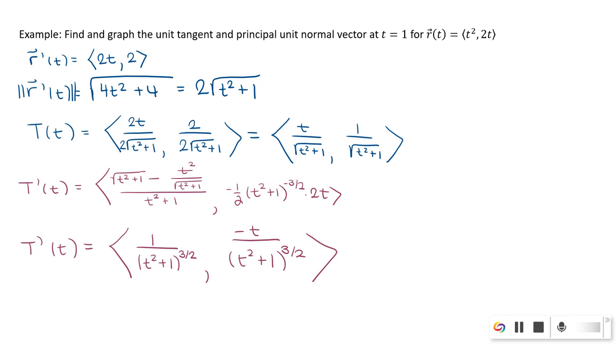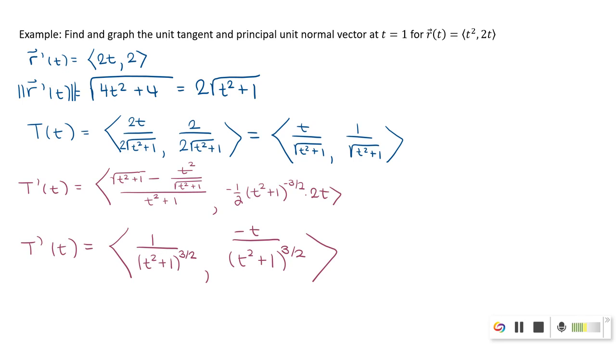I used the quotient rule on the first component, the t divided by the square root of t squared plus 1, and then I multiplied everything by the square root of t squared plus 1. To simplify, I combined like terms in the numerator, and I was just left with a 1 in the numerator over t squared plus 1 to the 3 halves.